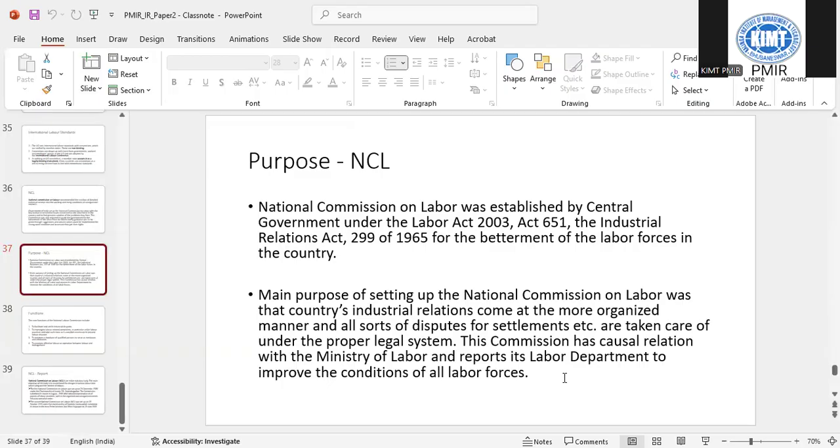The main purpose is to improve the living standard of all the labor force. What kind of facilities they are having, what kind of problems they are having, to listen and provide the solution to them. That is the main purpose of NCL.